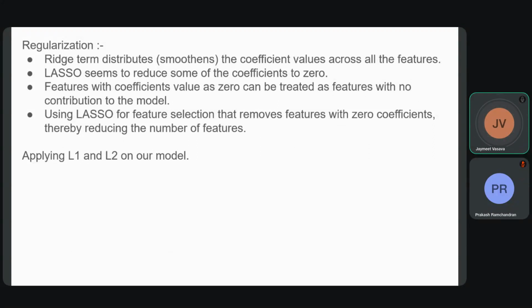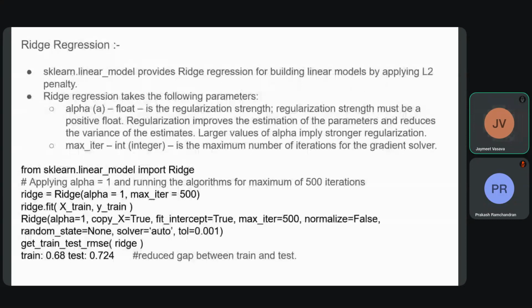So applying the L1 and L2 regularization on our model, starting with Ridge regression, you can see that we are using scikit-learn's linear model to provide the Ridge regression. The Ridge regression of scikit-learn takes two parameters. One is the alpha value, which is a float, the regularization strength.